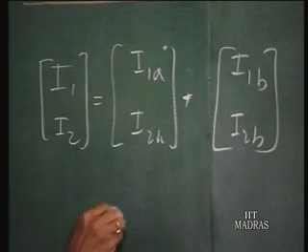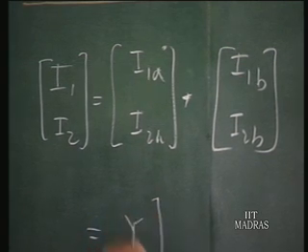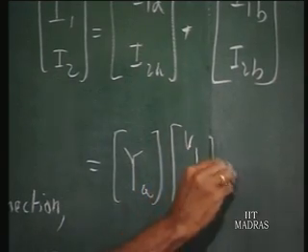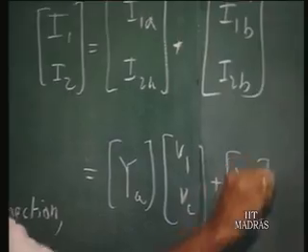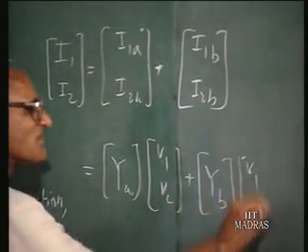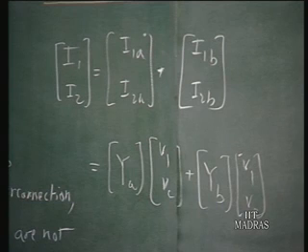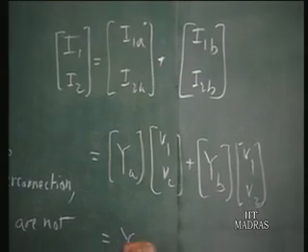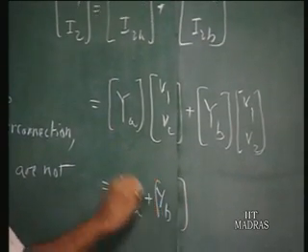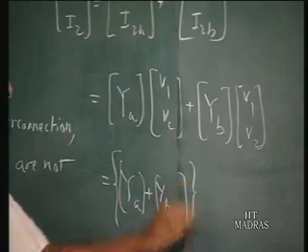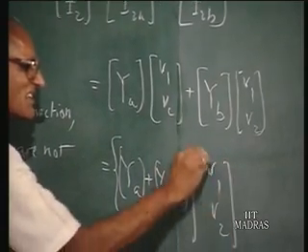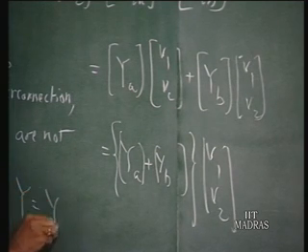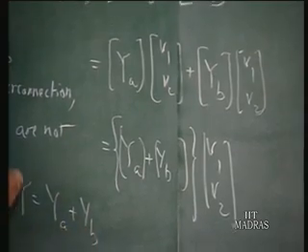And now this will be equal to the Y matrix of the A network times V1, V2, plus the Y matrix of the B network times V1, V2. And you can now take the common matrix out, therefore you can write this as YA plus YB multiplying V1, V2. That means the overall Y matrix of this two-port network is YA plus YB, where each of these is a two-port matrix.